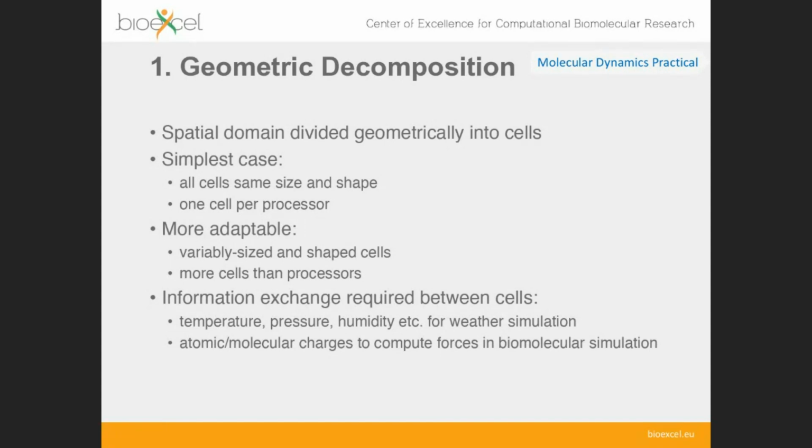When it comes to communication, something to keep in mind is that the way you chop up your problem, spatially, means that if there is a communication that needs to happen between the cells, for example, in the case of weather, exchange of temperature, pressure, and humidity between adjoining cells, in the case of biomolecular simulation, atoms in any cell need to know about atoms within a cutoff distance away, in adjoining cells.